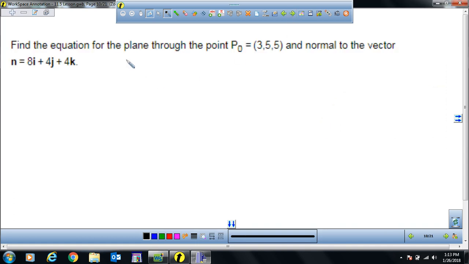So this one tells us that we want to find the equation for the plane through the point (3, 5, 5) and normal to the vector 8i plus 4j plus 4k. Okay, so this is our equation.